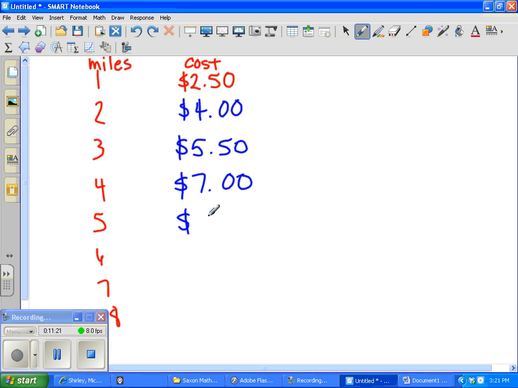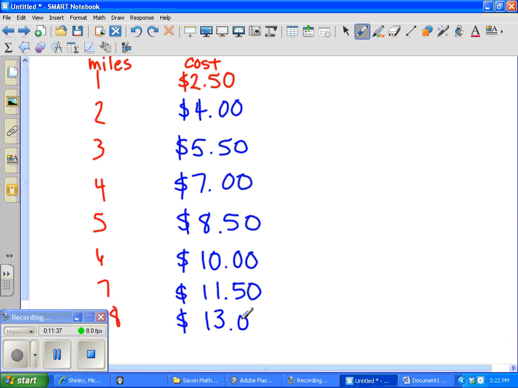After the 5th mile, $1.50 more. After the 6th mile, we added on $1.50 more. 7th mile, and the 8th mile. And this would be our total cost for the whole taxi ride.